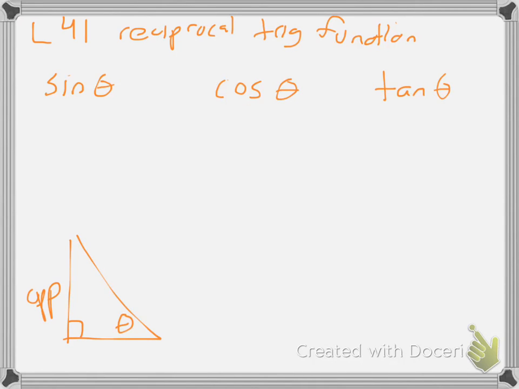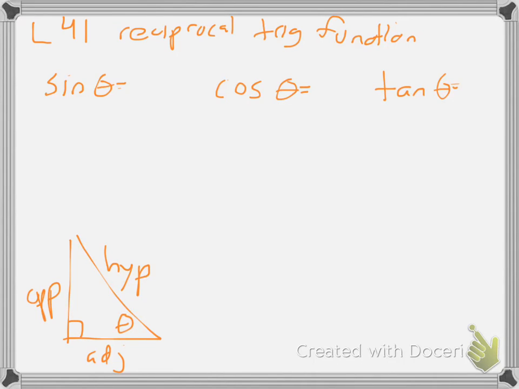The adjacent is the side that's next to it, and the hypotenuse is always the longest side. That never has changed. So we have to think back to SOH CAH TOA.